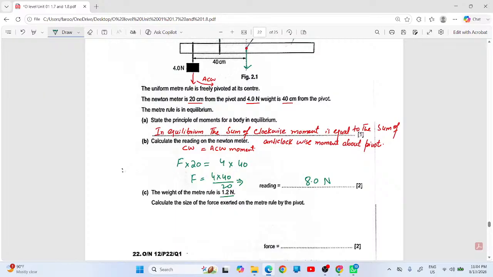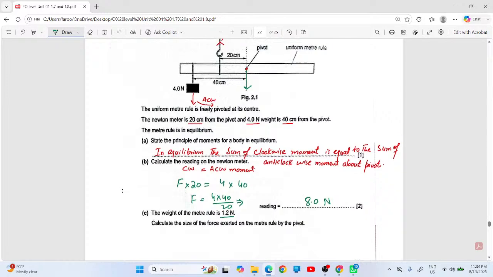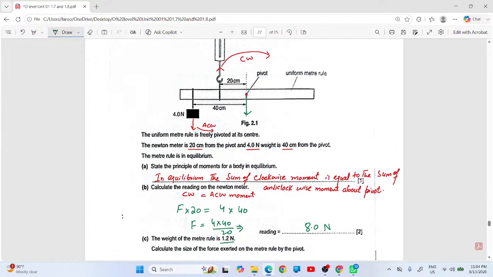Calculate the size of the force exerted on the meter rule by the pivot. How will we do this?